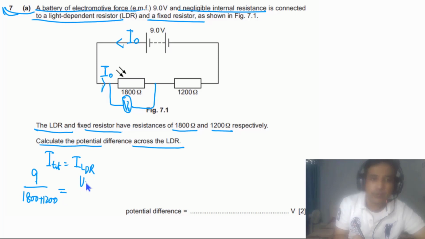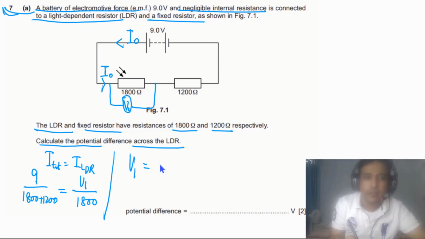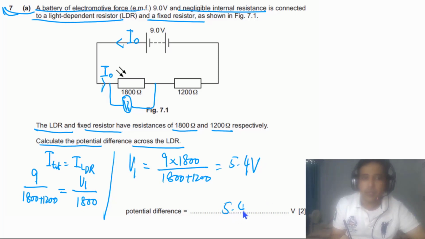This has to be equal to V1 divided by the resistance of this resistor, that is equal to 1800 ohms. Now we need value of V1 from here. So V1 simply will be equal to 9 times 1800 divided by 1800 plus 1200. So if we solve this one, we will get V1 is equal to 5.4 volts. So the final answer for this question is 5.4 volts.